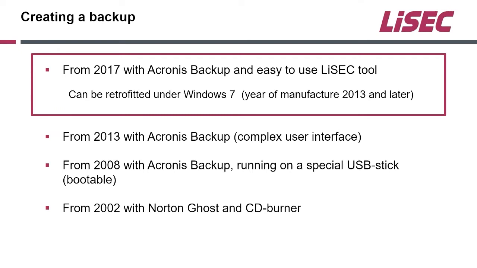And from 2017, we decided to do a better thing. We programmed a LiSEC tool, which is the graphical user interface for Acronis, to have this process started and done within 2 clicks. I will show you this.